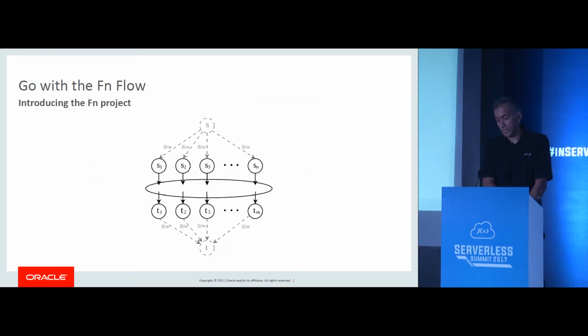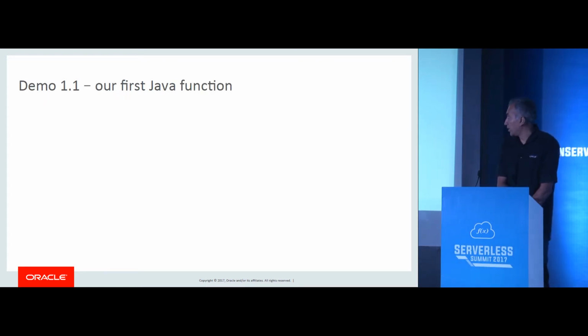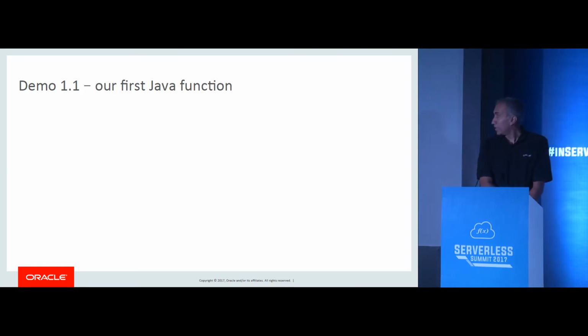Along with the FN project, one of the components is FN Flow. What I talked about earlier is you need a way to stitch functions together to orchestrate them to actually solve a business problem. We'll talk about this a little later on. So let's take FN for a test drive, and I'm going to turn it over to Amit, who will show you.